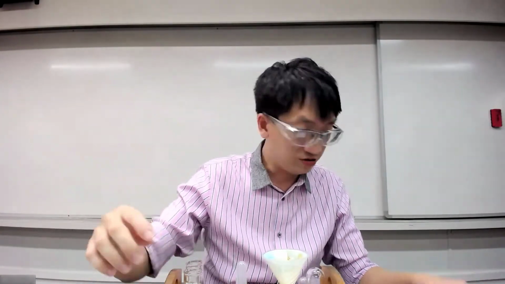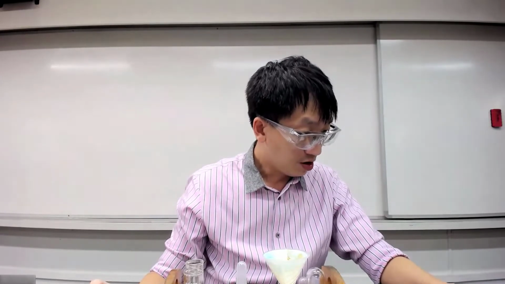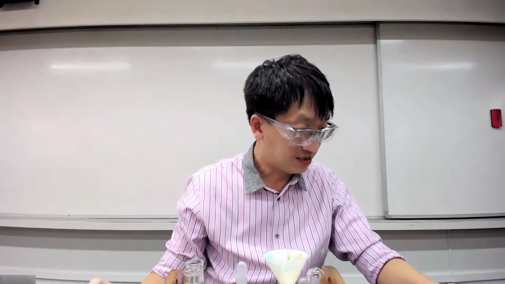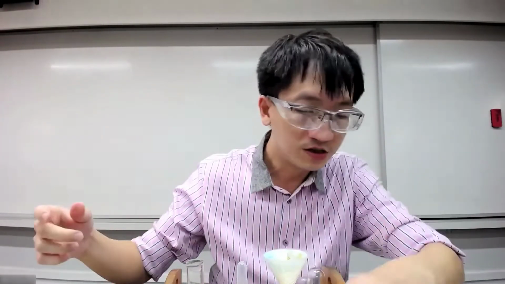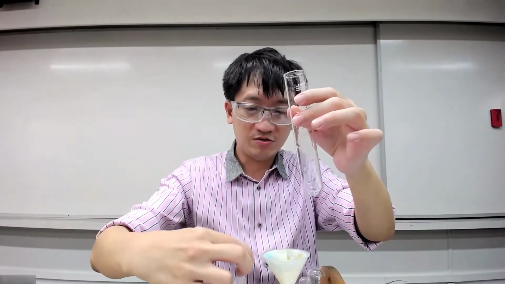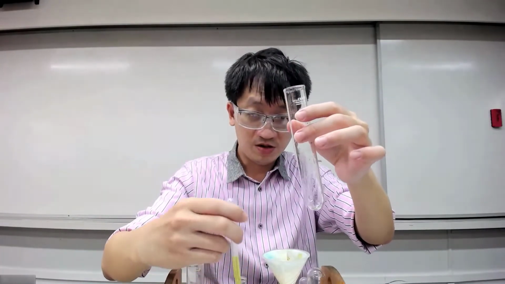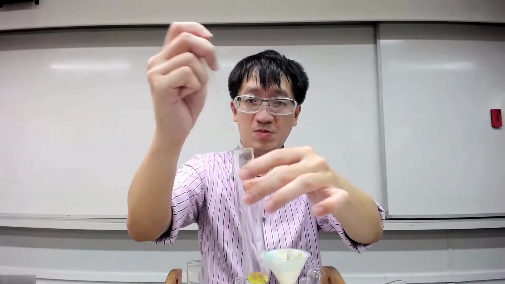Now what we're going to do is put 2 cubic centimeters into a boiling tube. I have a clean boiling tube over here, which I cleaned earlier on. I'm going to use a dropper to put in 2 cubic centimeters.